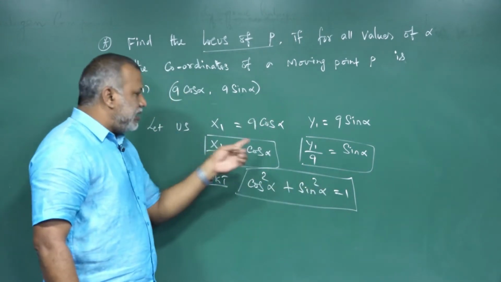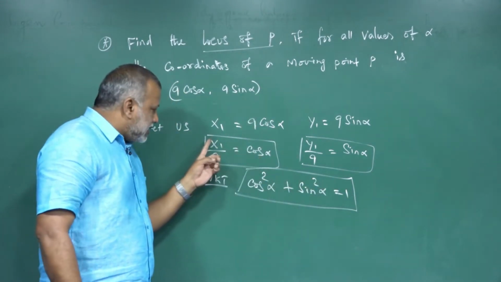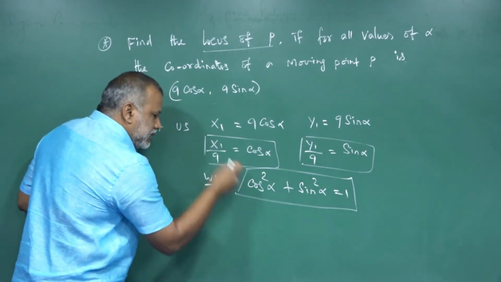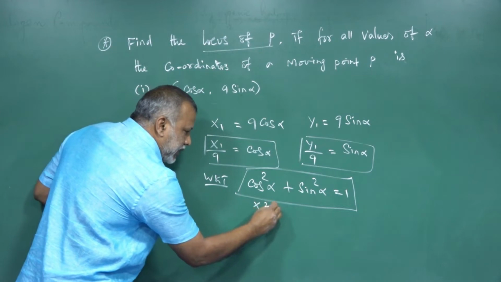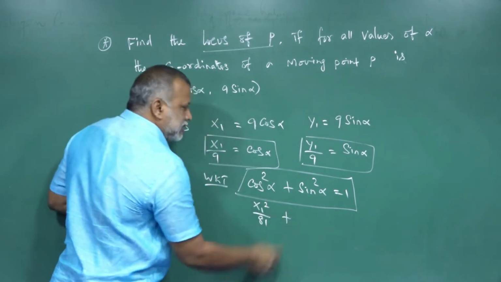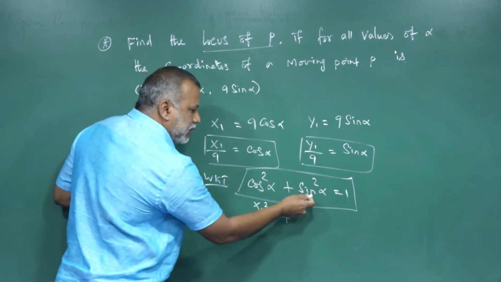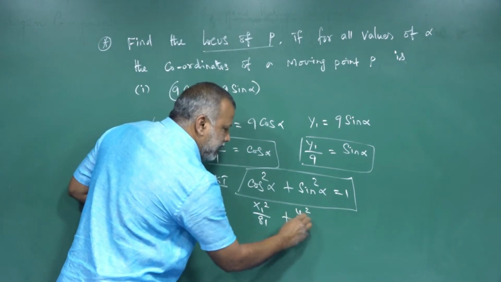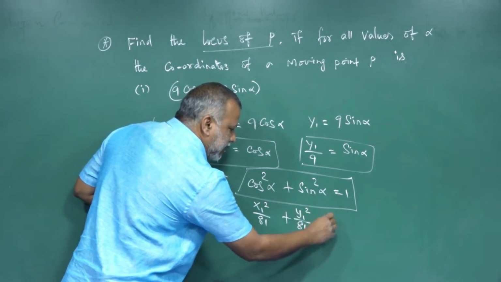Now we already worked out cos alpha equal to x1 by 9. If we square it, it becomes x1 squared divided by 9 squared, that is 81, plus y1 squared divided by 81, because we need sin squared alpha, equal to 1.